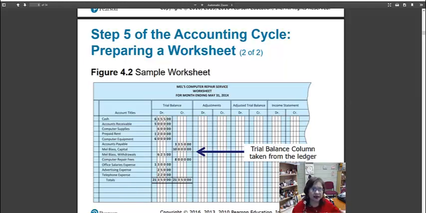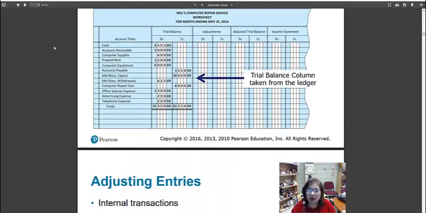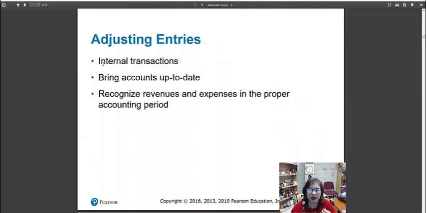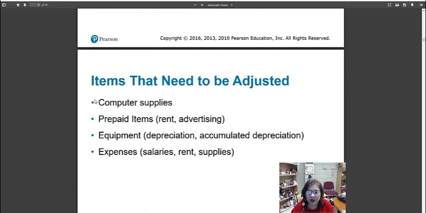And by accounts, I'm saying that you forgot to put in transactions that you forgot to record. Okay, that's what I'm talking about. So when you're doing the adjusting entries, you need to bring the accounts up to date, and of course recognize the revenues and the expenses in the proper accounting period, be it the day, the month, the year, whatever it needs to be.